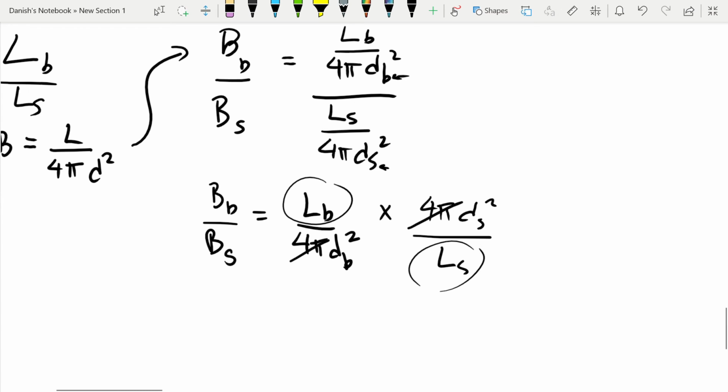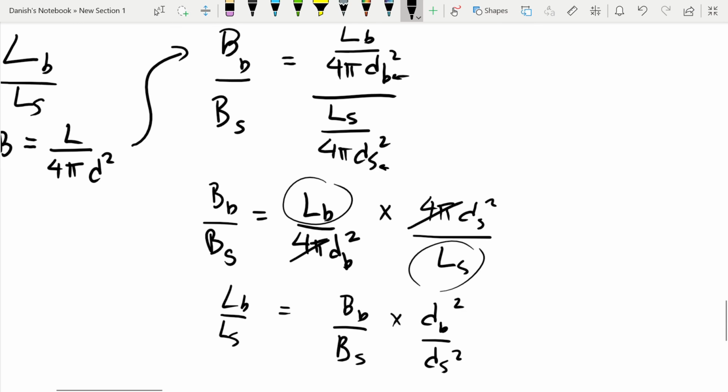So with algebra we get, I'm just going to write this on this side, times, over. Now this value here, we can just put parentheses here and put both of them squared.